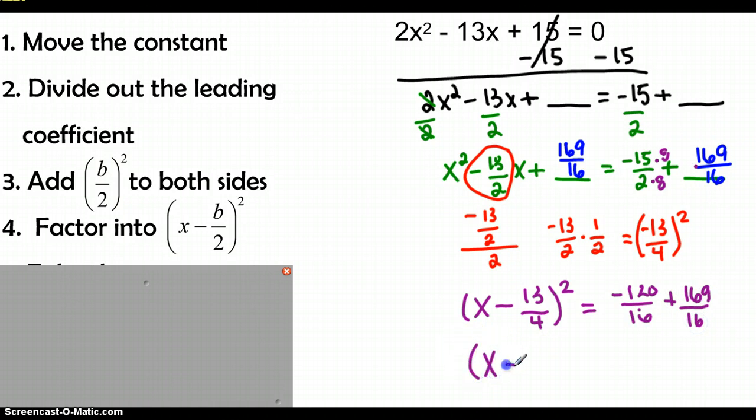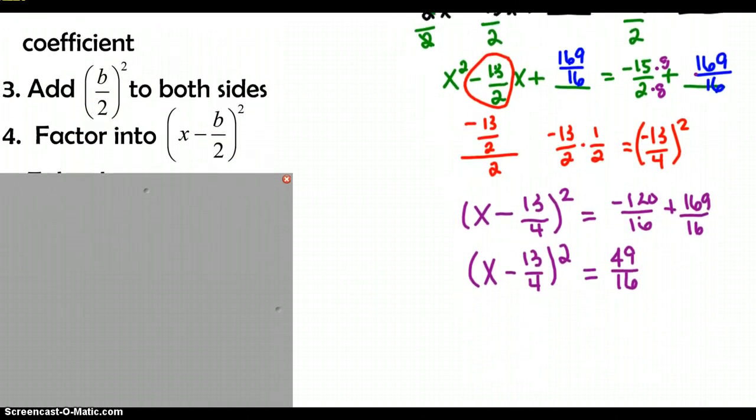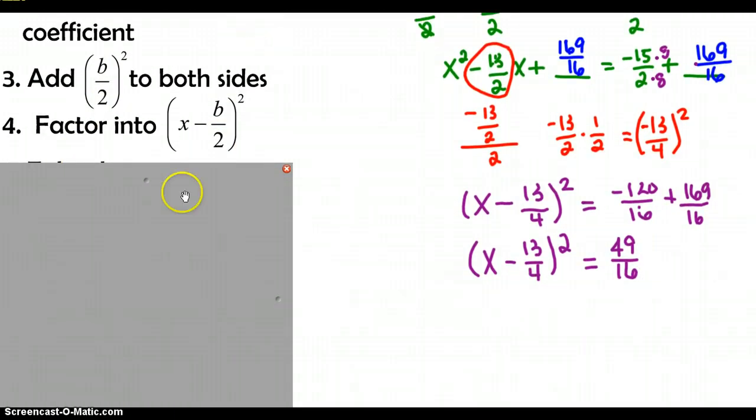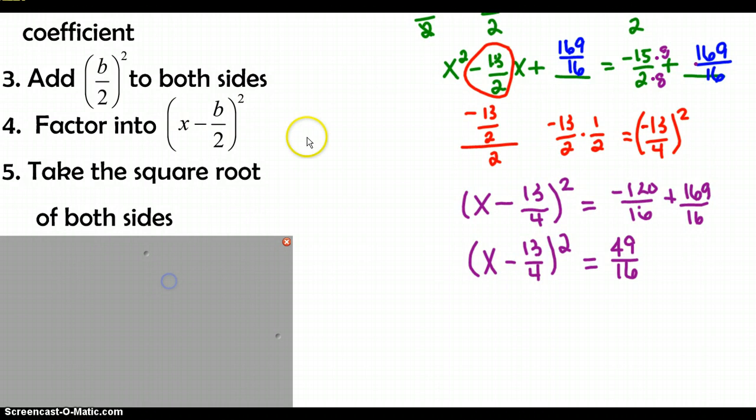So we've got x minus 13 fourths quantity squared, and that's going to equal 49 sixteenths. And that looks very nice to me because both the numerator and denominator are perfect squares. Because our next step is to take the square root of both sides.